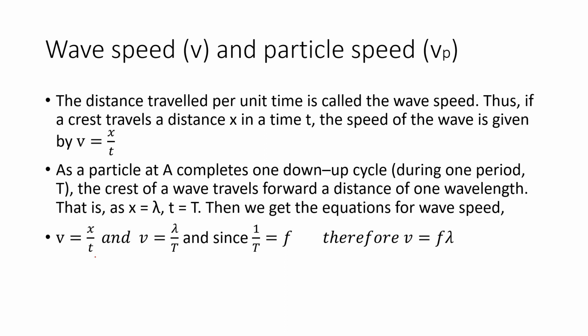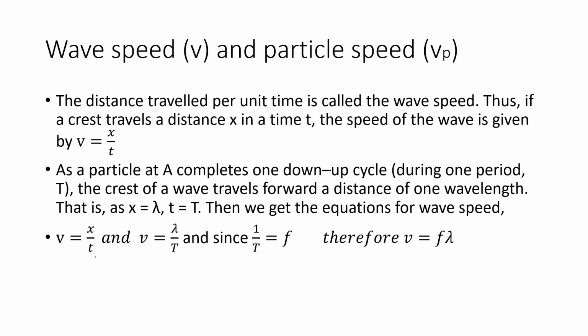For that reason, we can consider the speed, because if you can measure the distance of the wave and the time that the wave is traveling, then you can find the speed of the wave. But an easy way of looking at it is to consider the wave when it completes one wavelength. Whenever you complete one wavelength, that is when you complete one period.